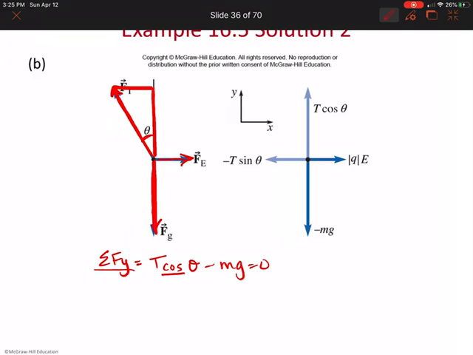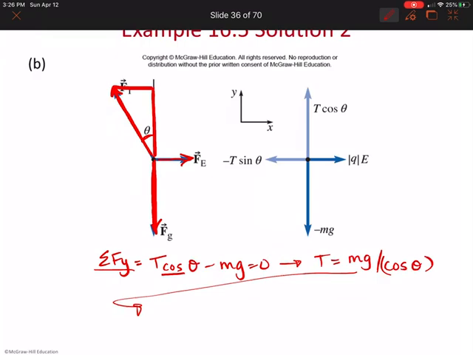All right, so then we can solve for the tension because we could move everything over besides the tension. We could have tension is equal to mass times gravity divided by the cosine of theta. And do we have theta? Yes, we just found theta. Okay, so we've got mass, which is 5.1 grams.